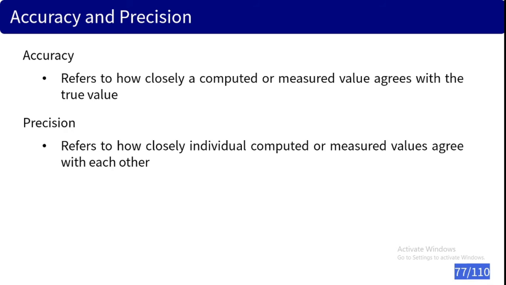Precision is how closely individual computed or measured values agree with each other. Okay. So going back to the example of getting the cube root of 2, for example, you tried 1.25, 1.26, 1.27, 1.24.